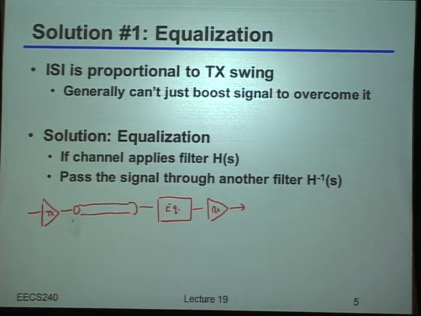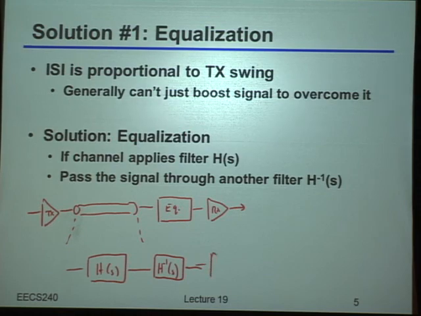So if I think of this from a linear system standpoint, let's assume that the transmission line had some filter associated with it, that I'm just going to call h of s. All this equalizer, at least conceptually, is trying to do is say, well, you know what? If I have some linear filter, then as long as that linear filter is not too messed up, and we'll talk about that more in a second, all I have to do is basically build the inverse of that filter, right?